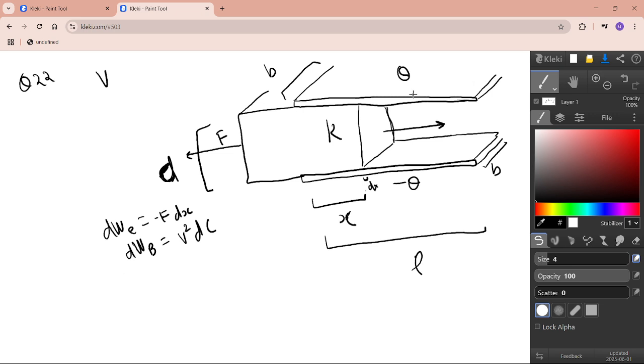Wait, I think I'm getting something wrong. Is this an internal force or what's the system?